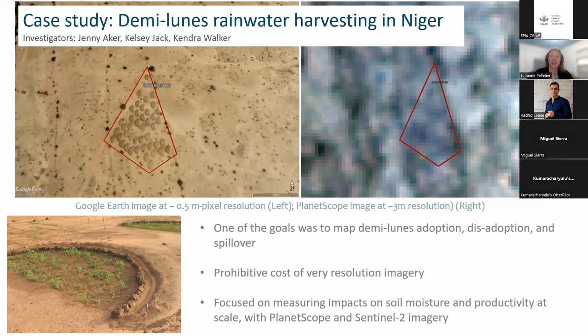So they shifted their objective and focused rather more on measuring the impact on soil moisture and productivity using PlanetScope and Sentinel-2, which are available for free, and that then could be transferred as an approach.